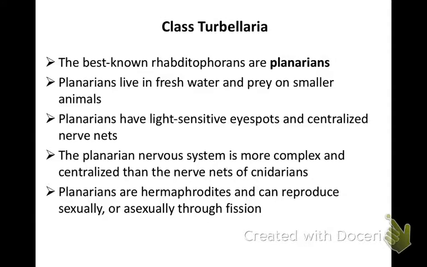So the Turbellaria that we looked at were Dugesia, or the planarian. They live in freshwater and prey on smaller animals. They have light-sensitive eye spots, and in their anterior end they have a ganglion of nerve cells and a simple nerve net to innervate their muscles.